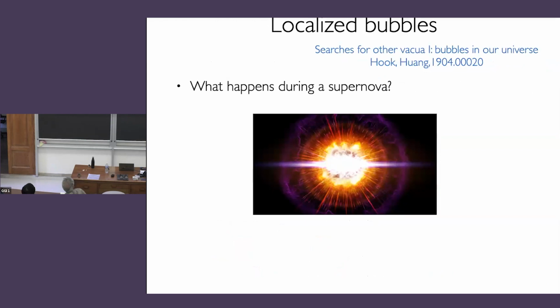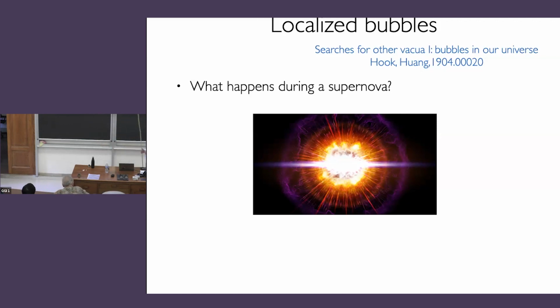So in the last few minutes, I want to say something about expanding bubbles. This paper I also wrote is where we talk about localized bubbles. All of the discussion I had before was about static localized objects, neutron stars, stars. We are thinking about a static domain wall that is wrapping the star.